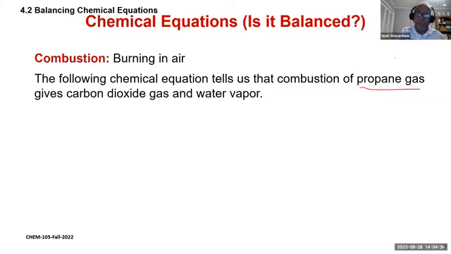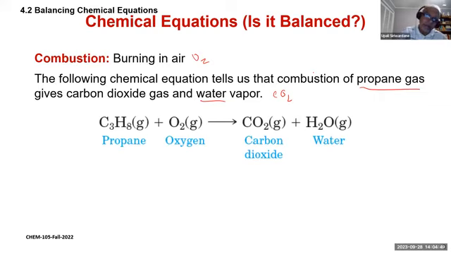Propane burns in air. Air is oxygen, and it produces water vapor plus carbon dioxide. If you look at the reaction here, this is the molecular formula of propane. That's the molecular formula of oxygen, O2. Products are carbon dioxide and water.